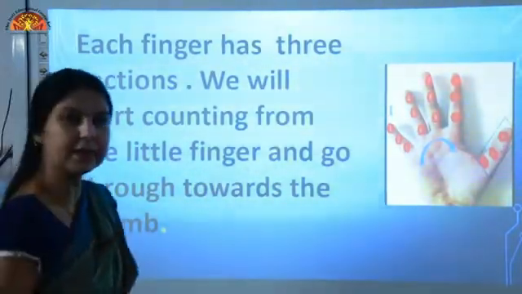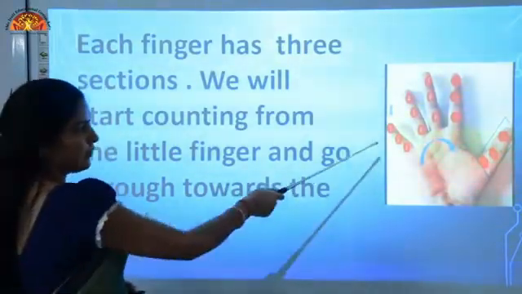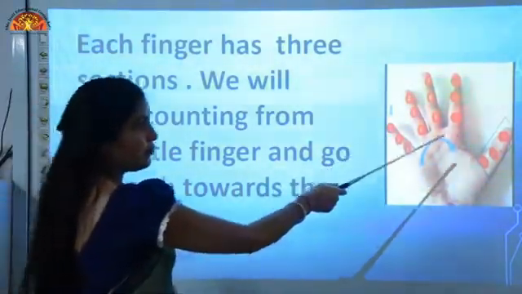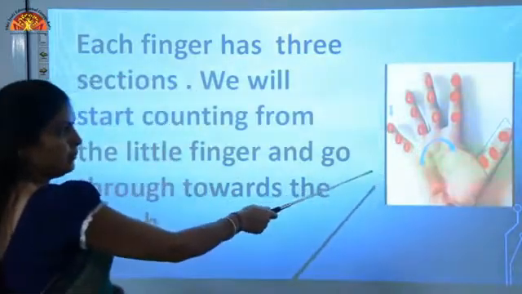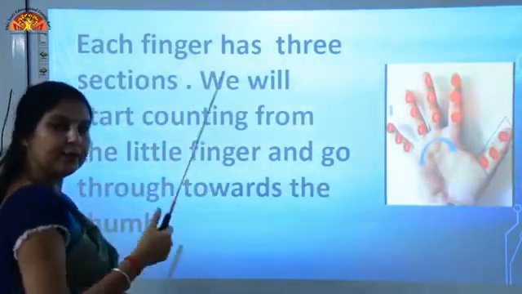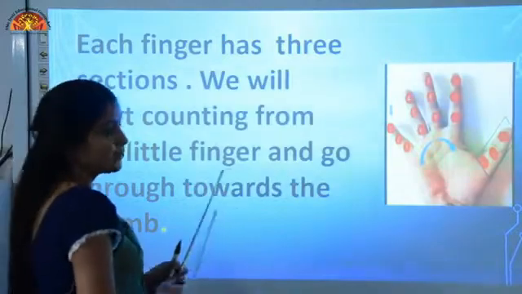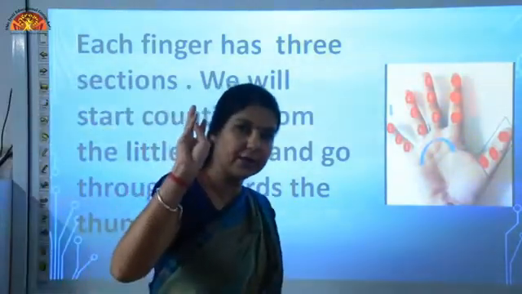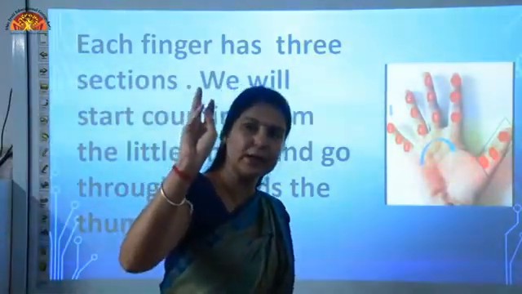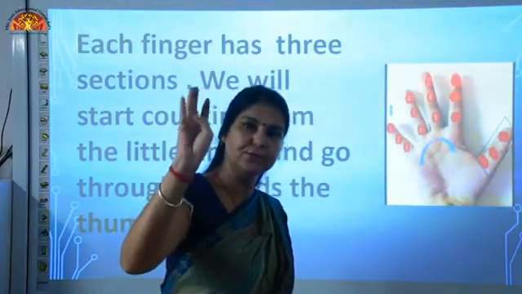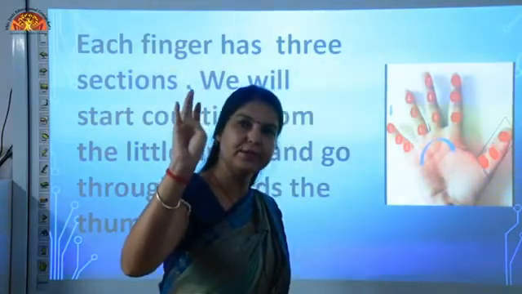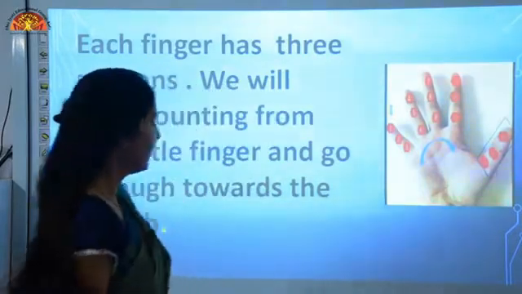From where will we start counting? We will start counting from the little finger, and we use the thumb for counting the numbers. हम अपने thumb को use करेंगे numbers को count करने के लिए. So look here, this one is your little finger, and we will start counting like this: 1, 2, 3, 4, 5, 6, and so on.